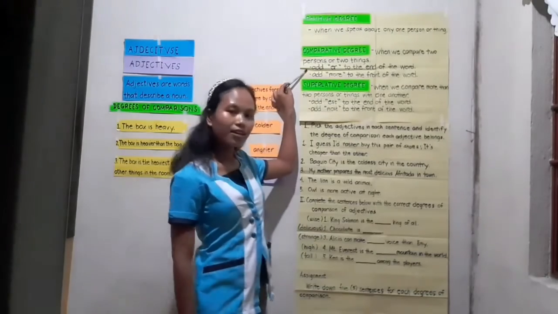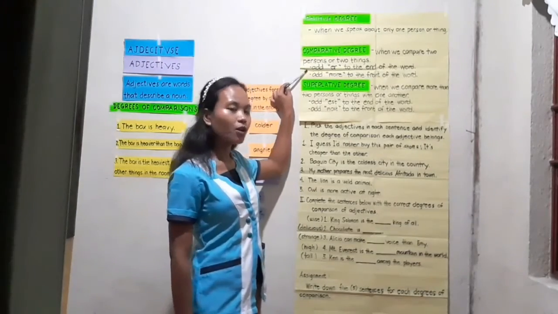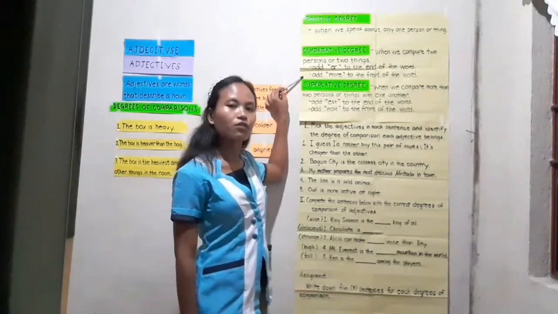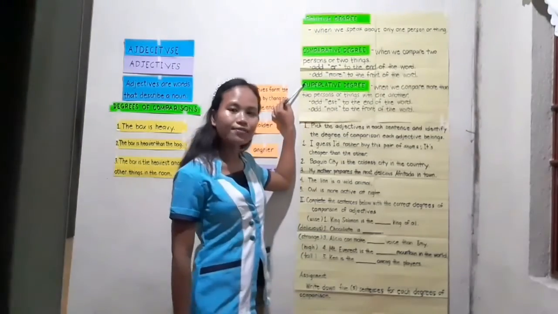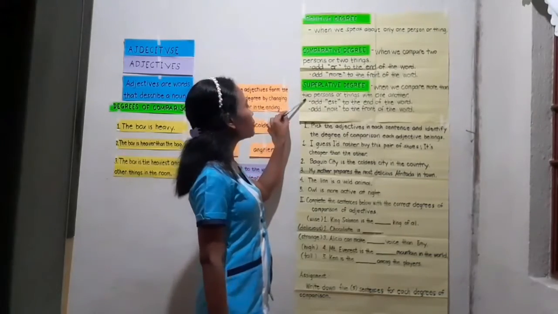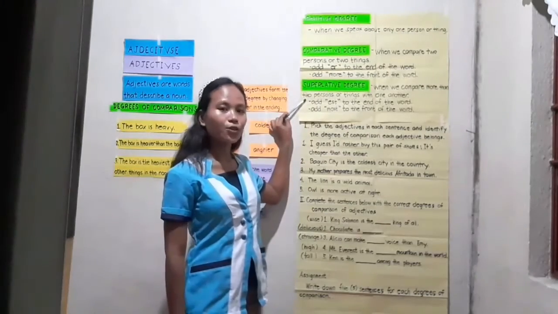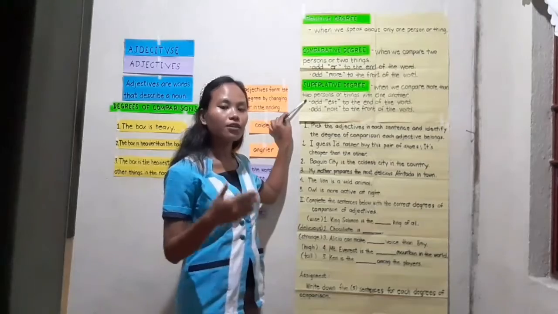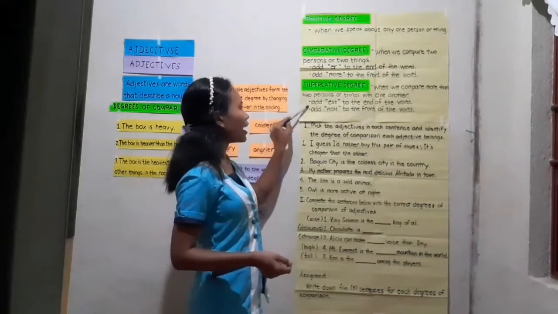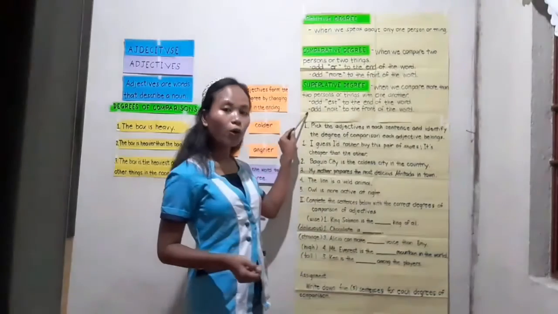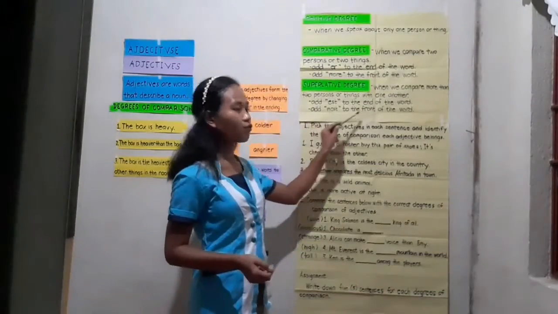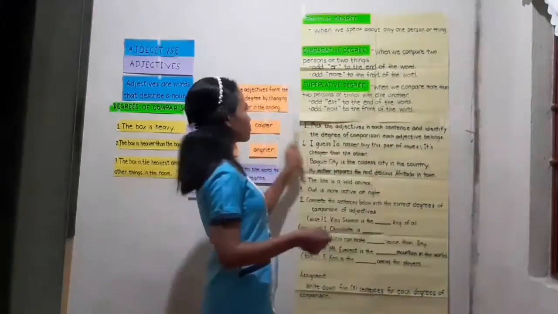We add ER to the end of the word or add more to the front of the word. Now, let's have superlative degree. When we compare more than 2 persons or things with one another, we will add EST to the end of the word and or add most to the front of the word.